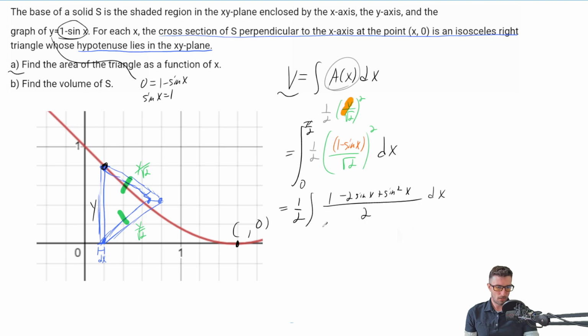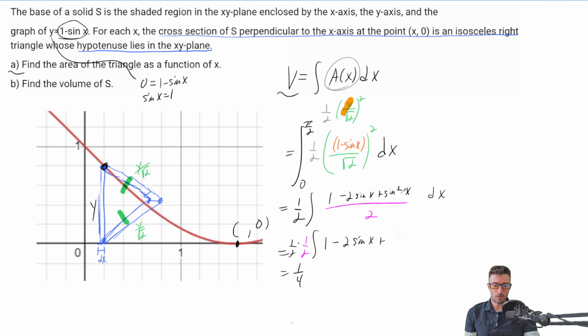And then let's see, what do we want to do? Pull out another 1/2. So instead of putting this over 2 right here, we can pull that out as a 1/2. Since there's already a 1/2 there, that's ultimately going to turn into a 1/4. But you would have 1 minus 2 sine x plus sine squared.